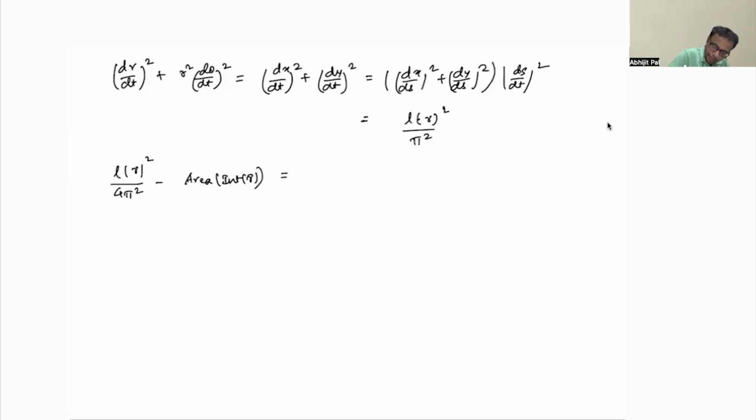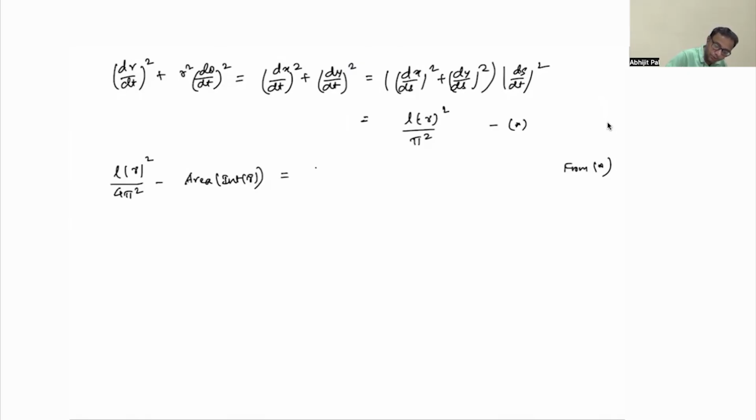So this again is equal to the following thing. From this equation, from star, the length of gamma square.